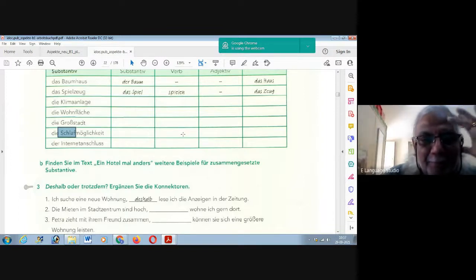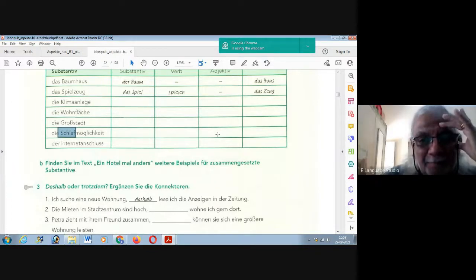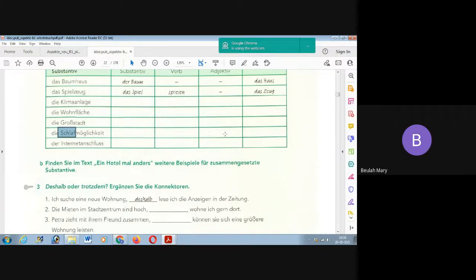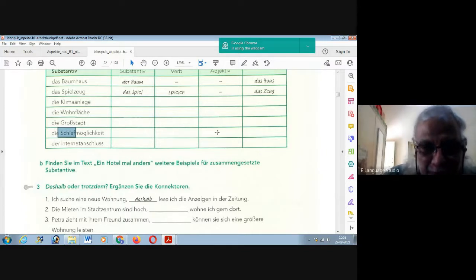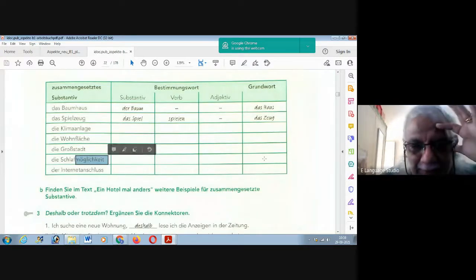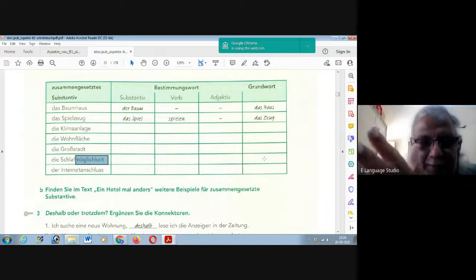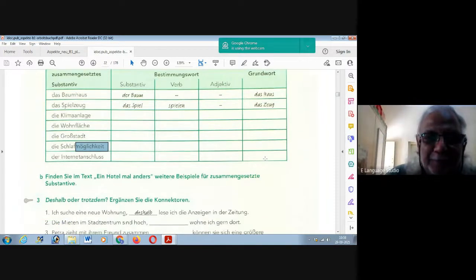So der Schlaf. Gibt es hier ein Verb? Yes, schlafen. Adjective? Möglich, as in possible. Möglich is an adjective, Möglichkeit is a noun. And what is the Grundwort here? Die Möglichkeit. So the possibility of sleep. Schlafmöglichkeit. Possibility of sleep.